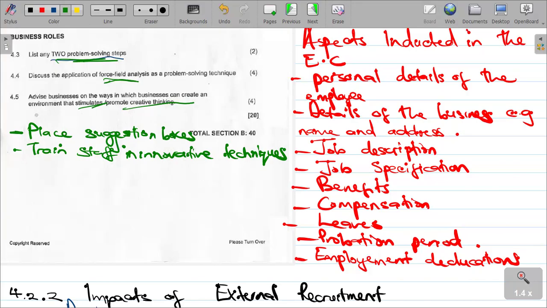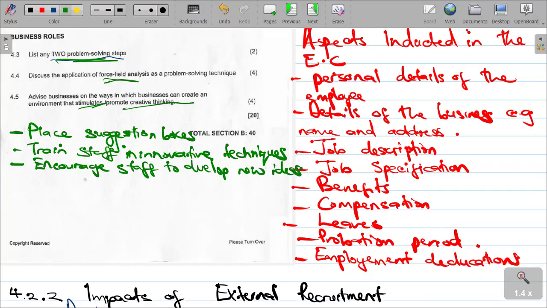The organization also has to encourage employees to develop new, unique ideas. You need to encourage them to develop new ideas.